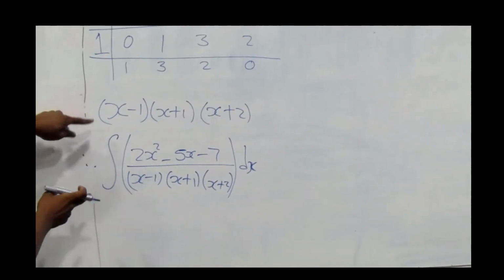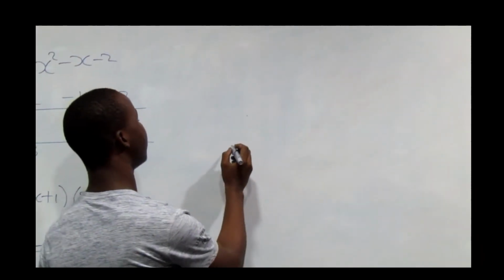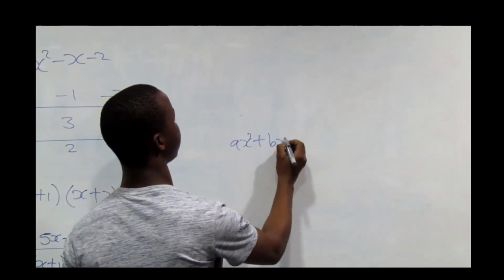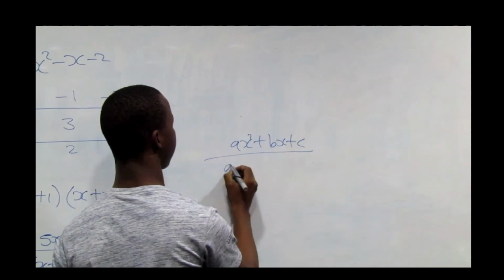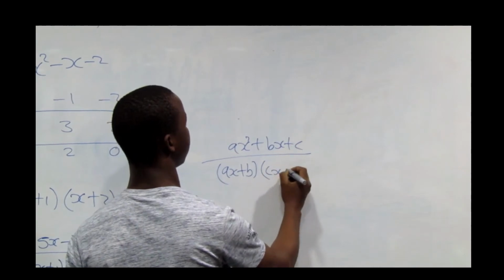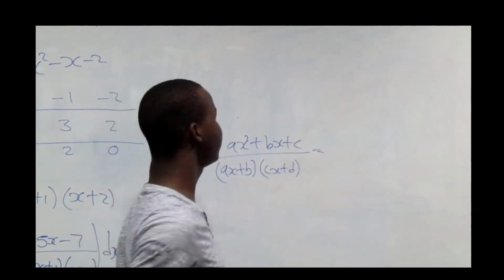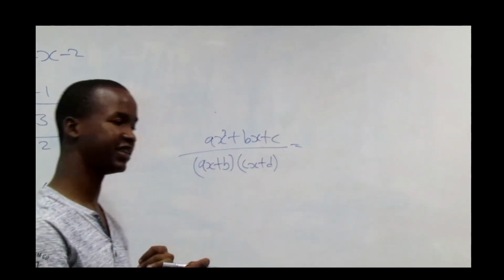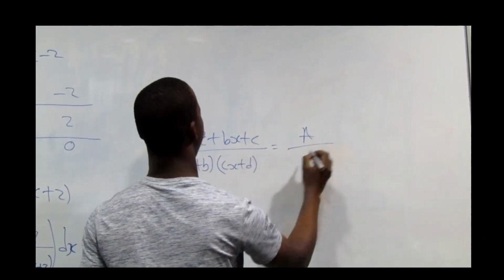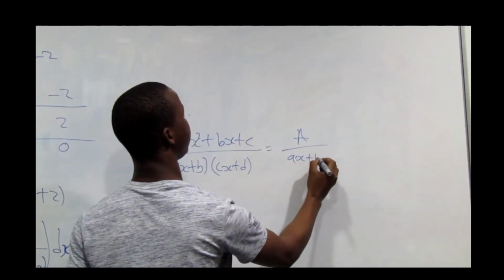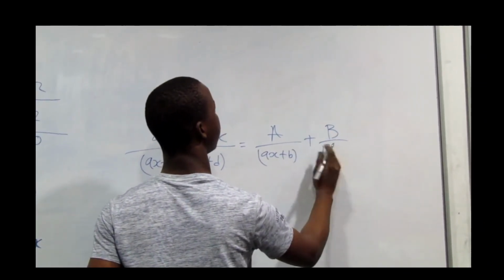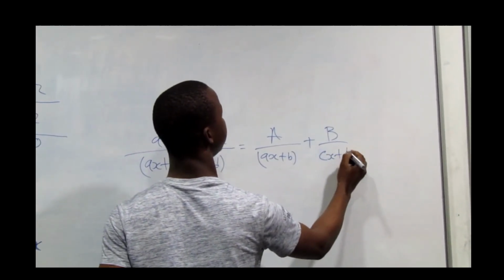Actually, the rules that specify this function say, if ax squared plus bx plus c over ax plus b, cx plus d, your function, when you apply partial fractions, is gonna be a over ax plus b, plus b over cx plus d.